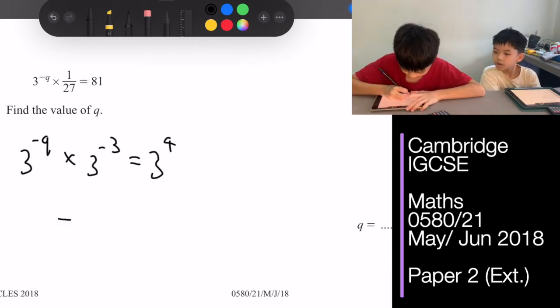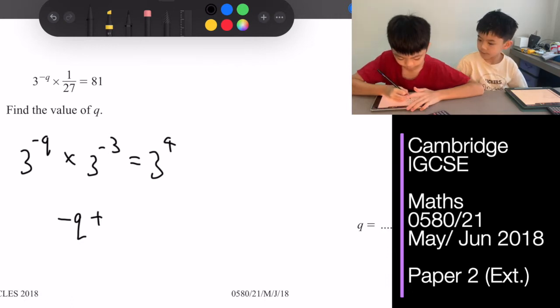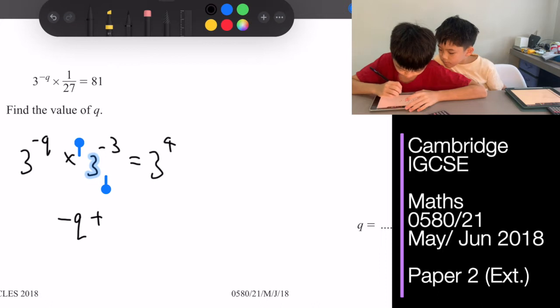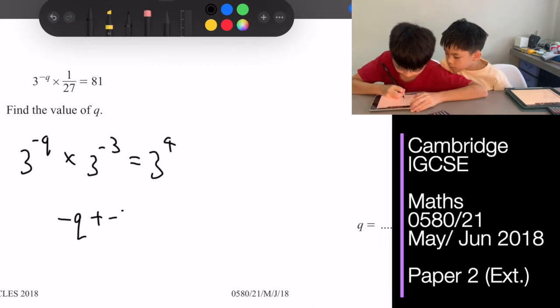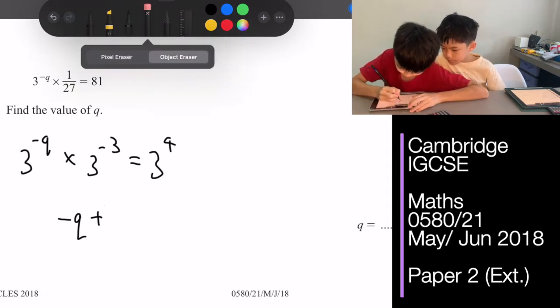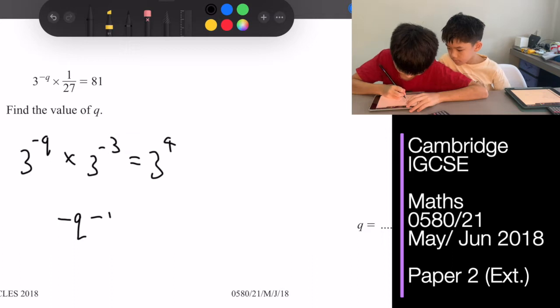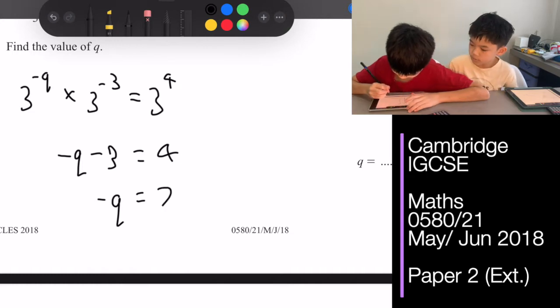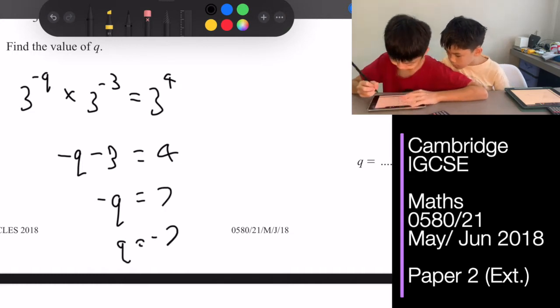So then negative q, since this is multiplied, turn it into plus because it's power, plus negative 3. So basically just minus 3. So minus 3 equals to 4. Negative q equals to 7. So q is negative 7.